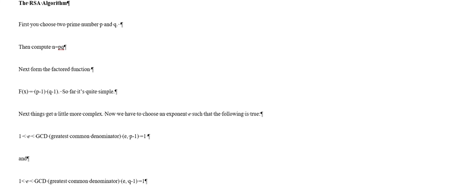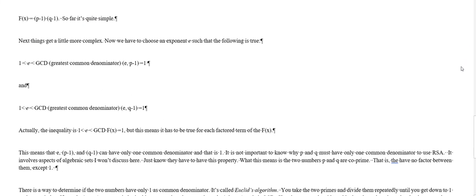And 1 is less than e less than the GCD of e and q minus 1. In other words, the two different factors of this equation above must both be within this interval range that we're talking about.